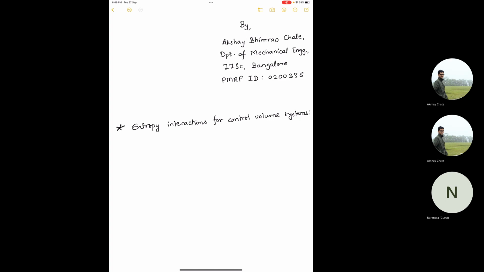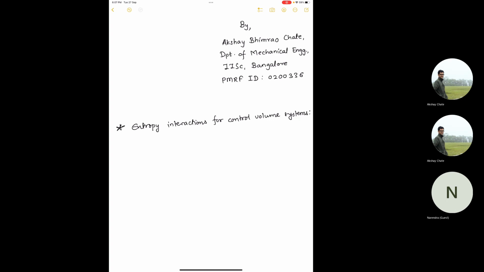You will have to apply first law, second law, and in future availability will also be required. So what I think is a better approach is you study control mass system and all the aspects taught so far, and then take control volume systems, and then study all the aspects.